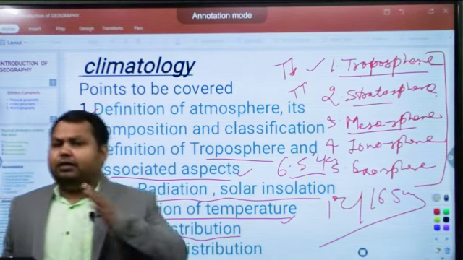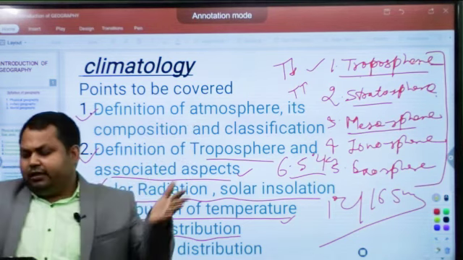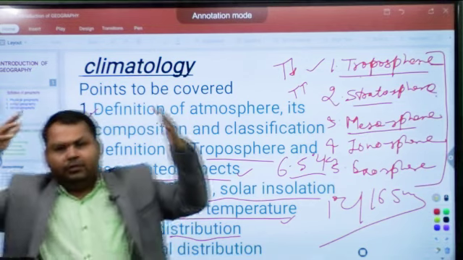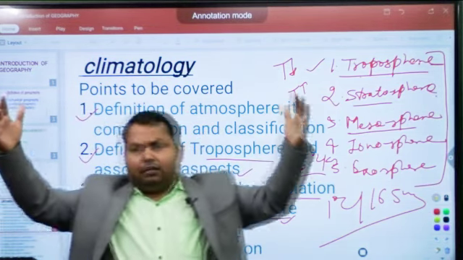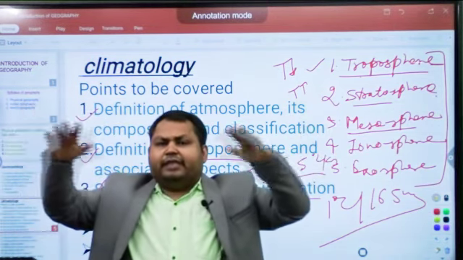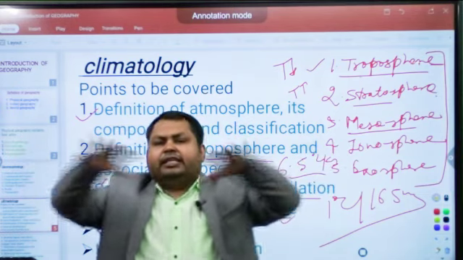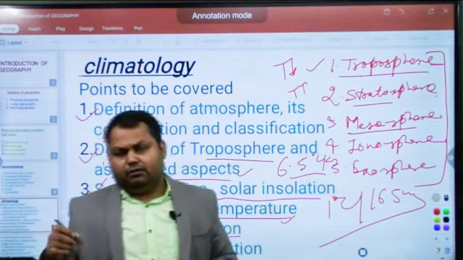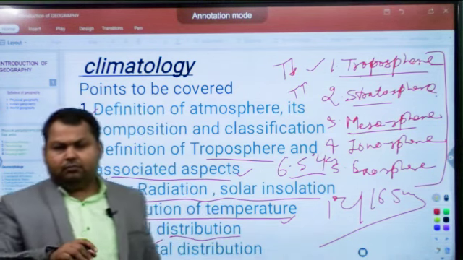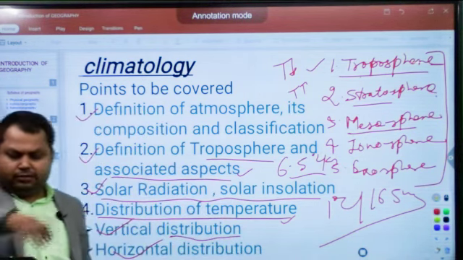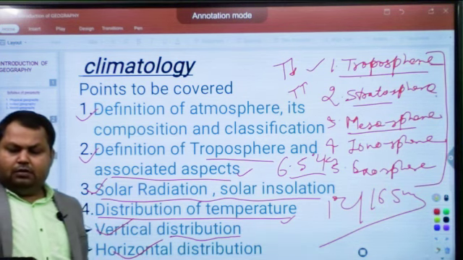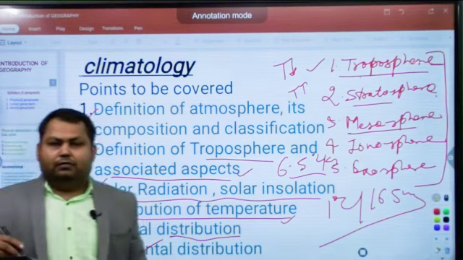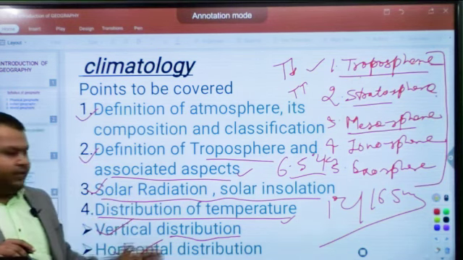Because of decreasing air density with height, or increasing intermolecular space, it results in reduction in temperature with height.